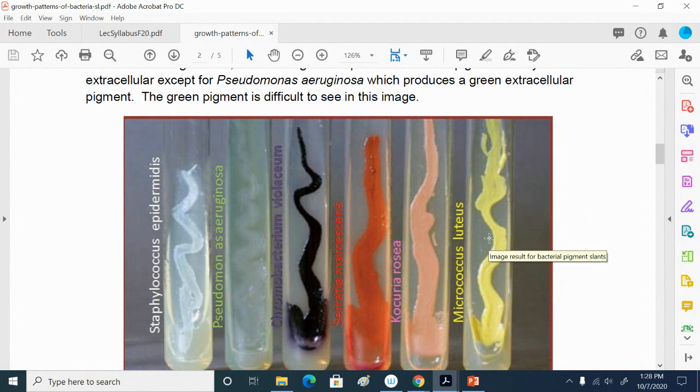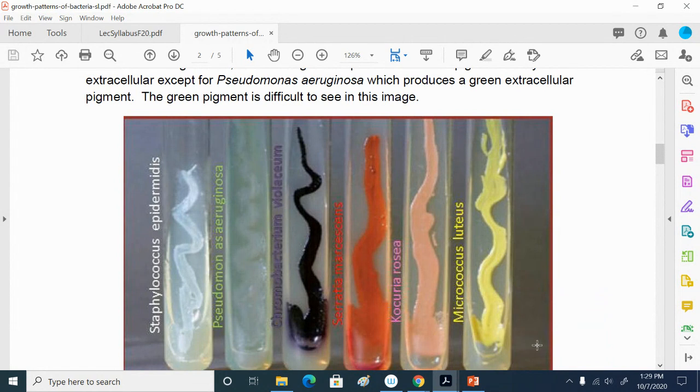Is there a definite pigment? Yes. And what's its color? Yellow. And where is it? Intracellular or extracellular? Intracellular, right? So we see the yellow growth on top of the agar.